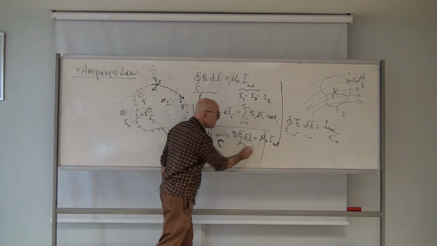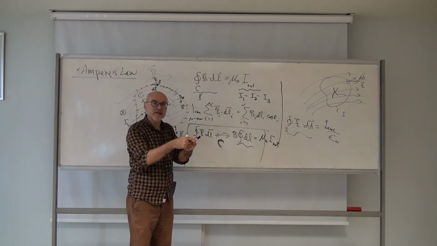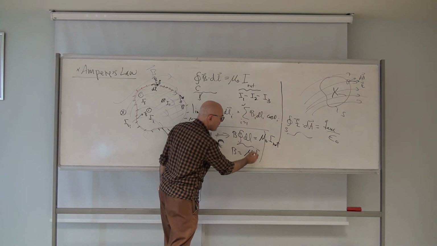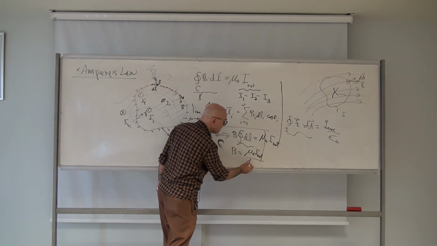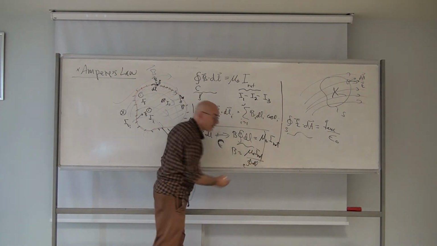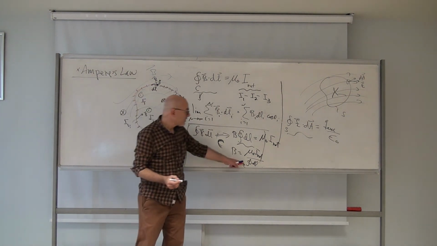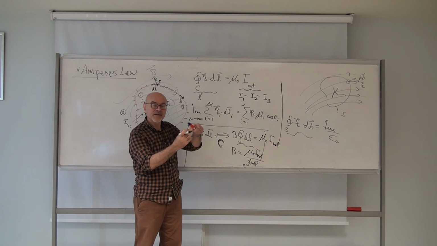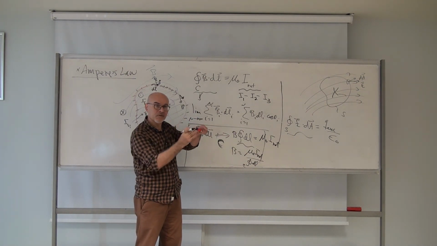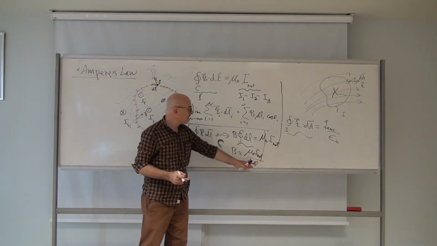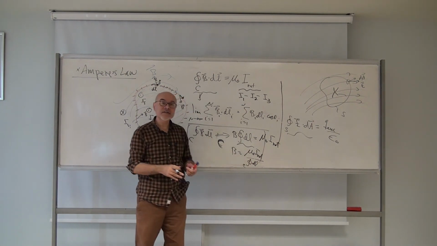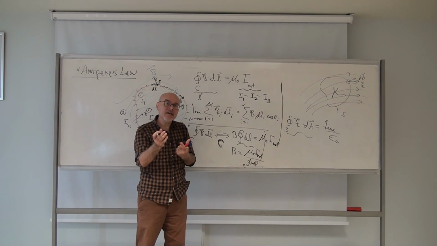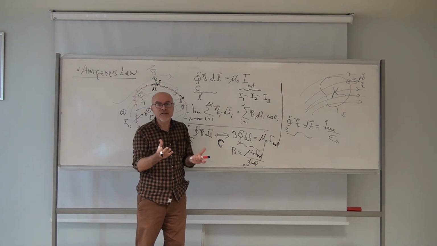Now, this is very easy to calculate. Let's just find the circumference. And so B will be mu naught I net divided by this sum of dL over the contour. So count now what is the net current piercing that contour, the area enclosed by that contour. Put it here and then divide by the circumference. You get the field at the contour, which is where you want to find the field, for example.